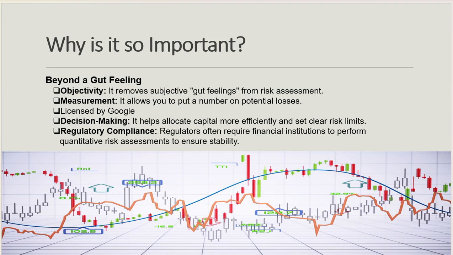And then regulatory compliance. Regulators often require financial institutions to perform quantitative risk assessment to ensure stability. Regulators force financial institutions, hedge funds, banks, and insurance firms to use quantitative techniques, and they provide quantitative methods like FRTB for how to calculate expected shortfall, loss given default, risk-weighted assets, and conditional VaR.